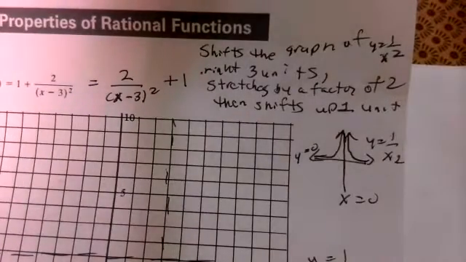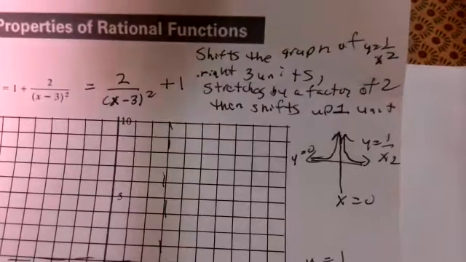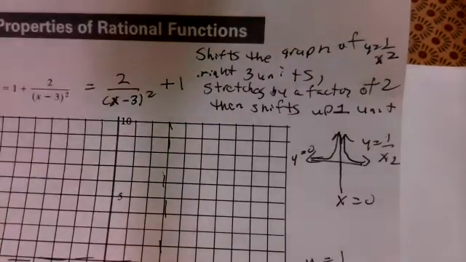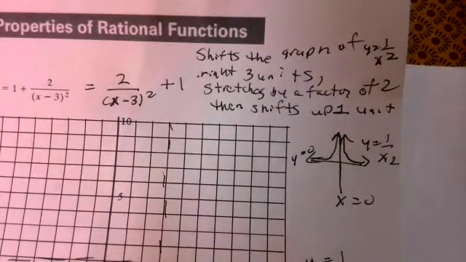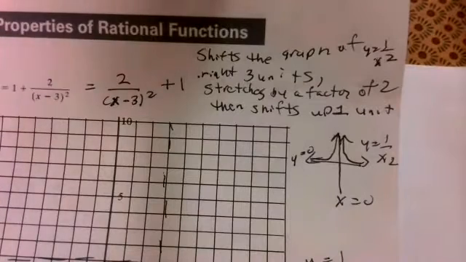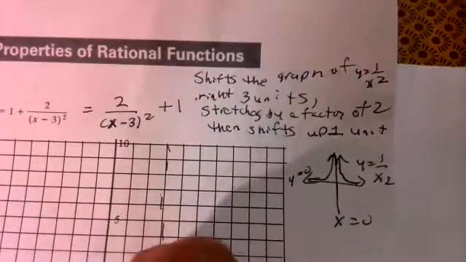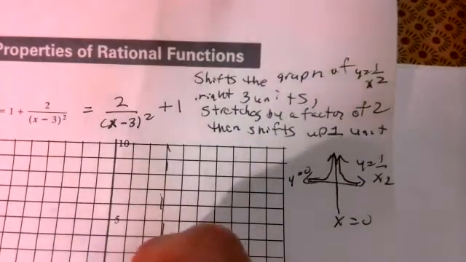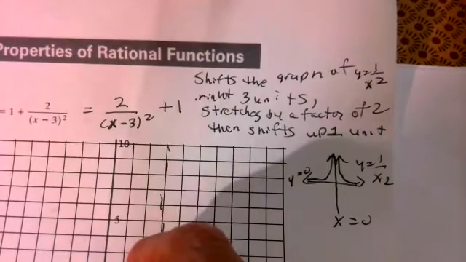Then we'd have 1 minus 3, which would be minus 2, but we'd square that, and that would be 4. So if x is equal to 1, y is about 1.5.